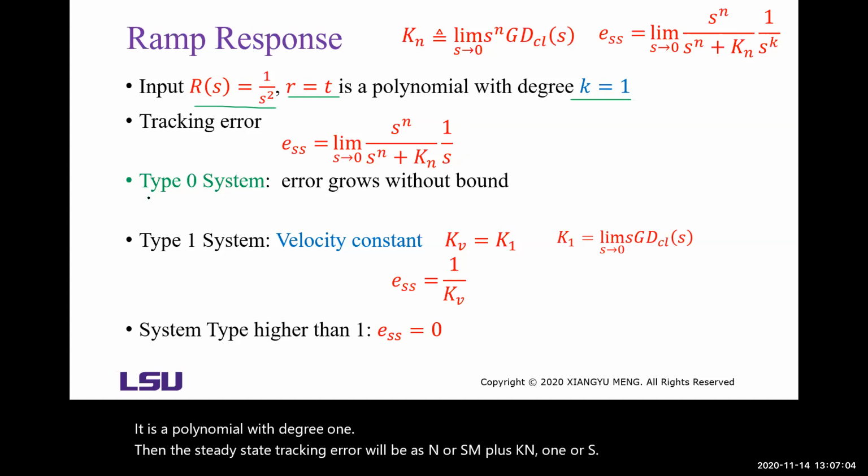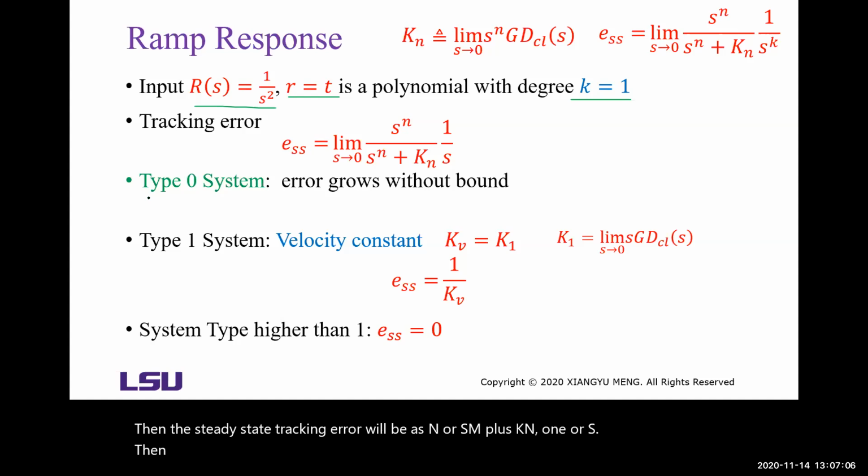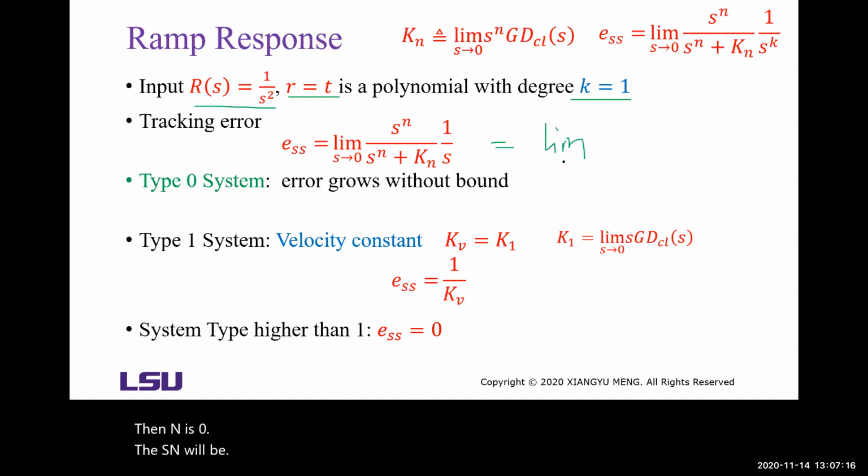Then if the system is type 0, then n is 0, then we have 1 over 1 plus K_n, times 1 over s.